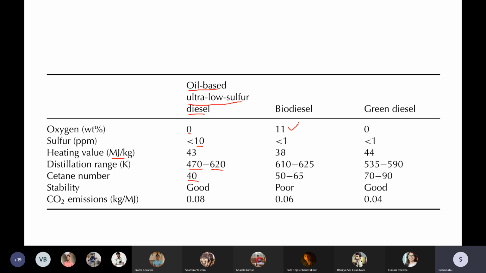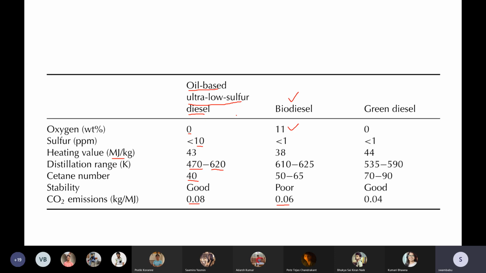Because of that, we cannot use biodiesel alone. One advantage is that it has lower CO2 emissions than crude oil based diesel. So often they mix oil based diesel and biodiesel and use it.